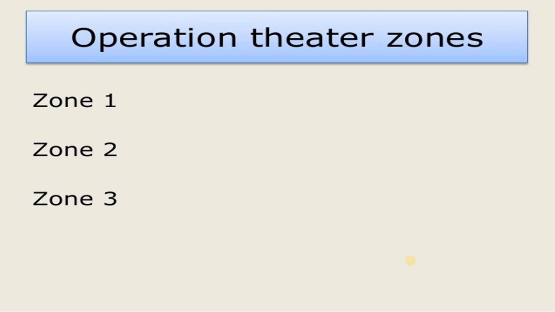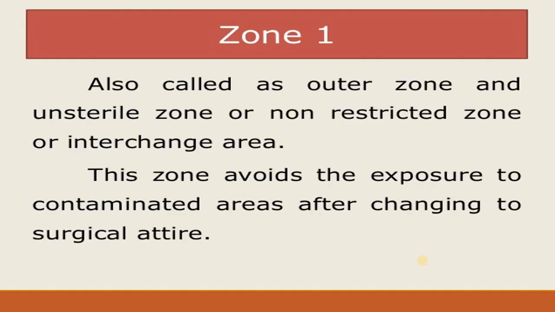This area includes changing rooms like the dressing room, patient reception, lockers for surgeons, and the theater in-charge nurse, along with offices, conference room, classrooms, and refreshment areas. Upon entry into this area, everyone, including the patients and the surgical team, should change into OT clothes and slippers. This is called zone first.